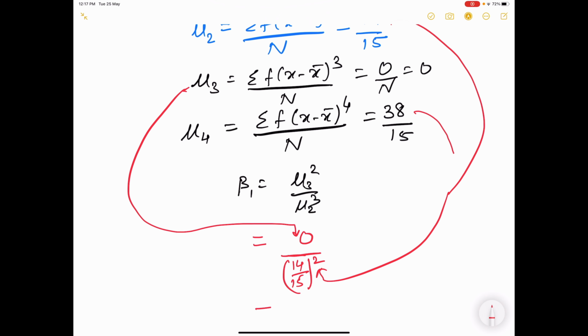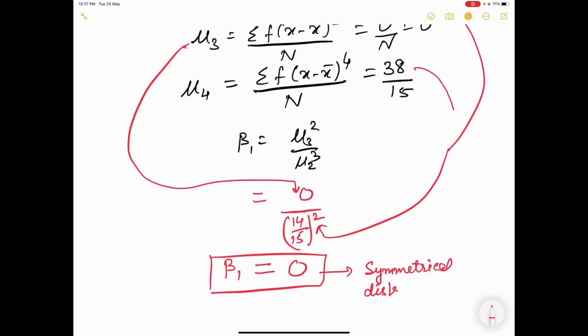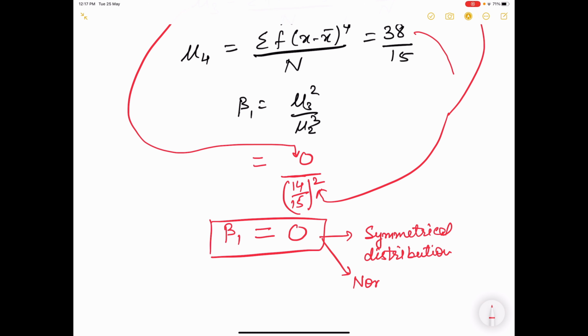So whatever the value of the denominator, since the numerator is 0, we are getting the coefficient of skewness as 0. We studied the concept of skewness in the very first video, or you may say the first lecture, and there we studied that if beta 1 is equal to 0, that is the coefficient is 0, then the distribution is a symmetrical distribution. So we can say that the distribution given in the question is a symmetrical distribution. And if you ask me what type of curve it is, the curve will turn out to be a normal curve or a bell curve.